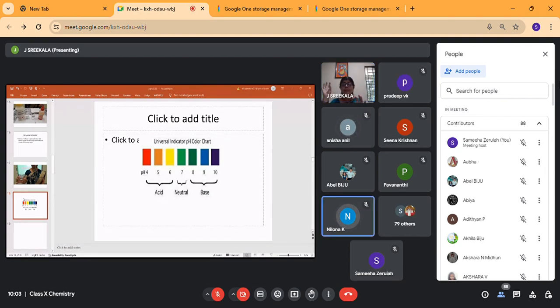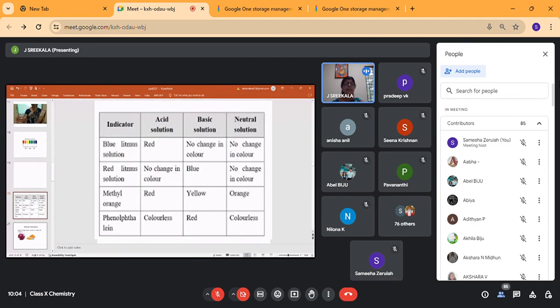Yes, ma'am. Towards the left, slightly acidic means yellow, then slight orange, then red. So that is the color pattern of a universal indicator.